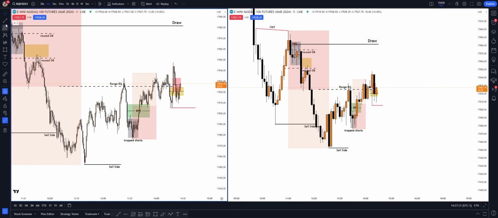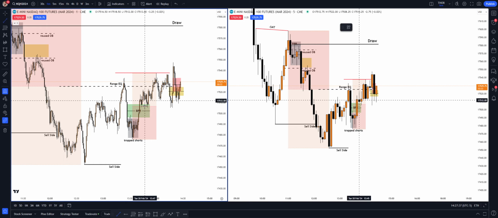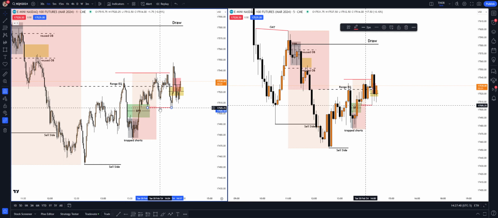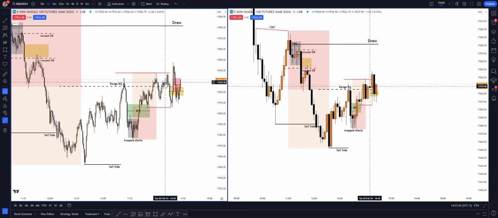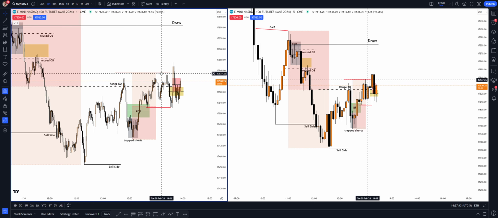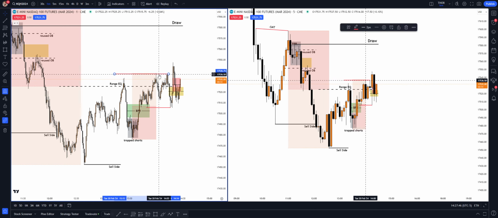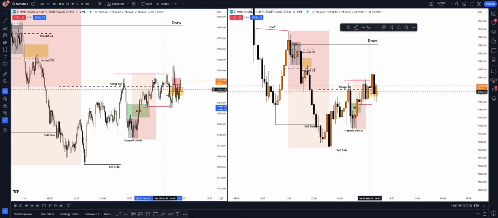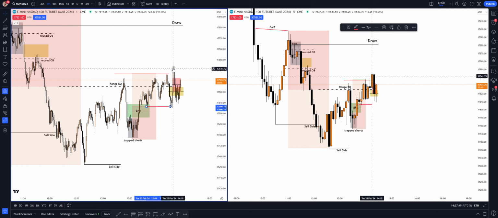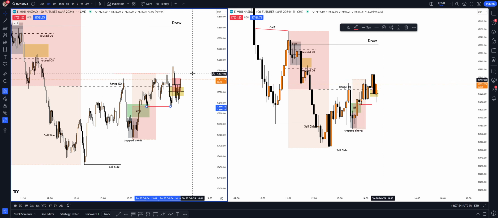What usually happens with seek and destroy profiles is, these are the buy stops, right? Then we have the sell stops here. First, hold on, not there, right here, buy stops. It raids the sell stops first, then goes for the buy stops, right? When that happens, it usually goes in the direction of the second move.